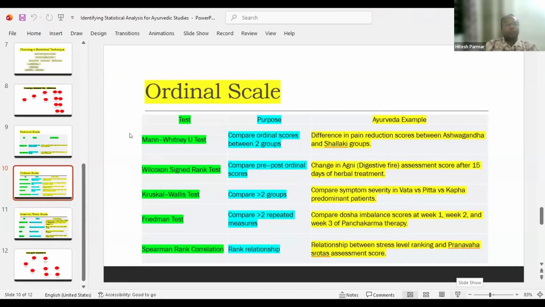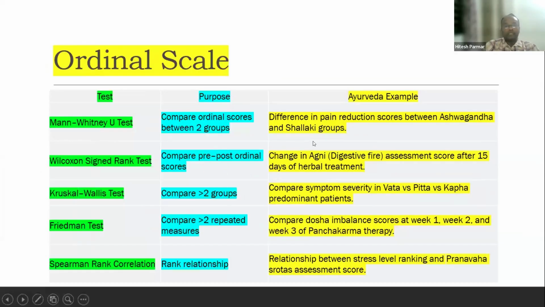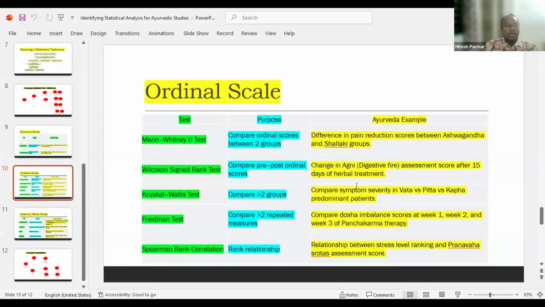Now, do you want me to continue this discussion, or maybe in 5-7 minutes we can open any one software and see how this test can be performed? What do you think?